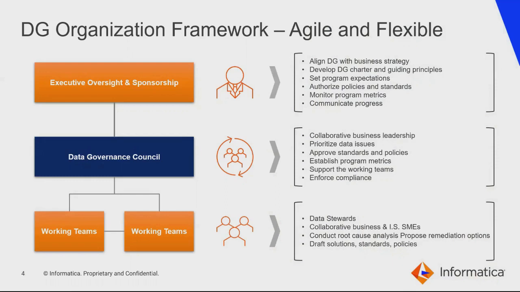Working teams on the ground can be as many depending on the size of the organization, having data stewards or analysts, etc., who conduct items like root cause analysis, propose remediation options, and draft the solutions, business glossaries, policies, standards, etc.